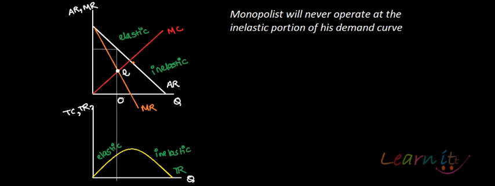So let's say this is QE and this is PE. As you can see, he is operating on the elastic portion of his demand curve.